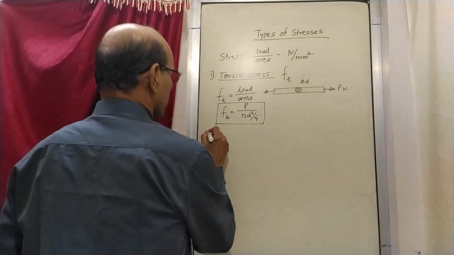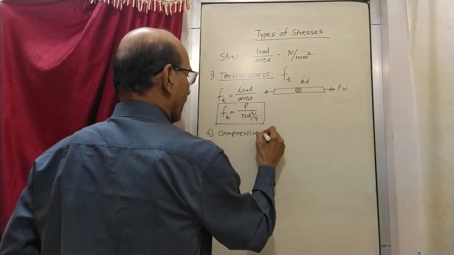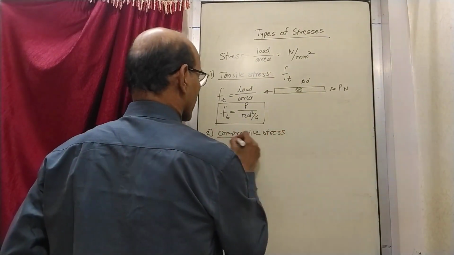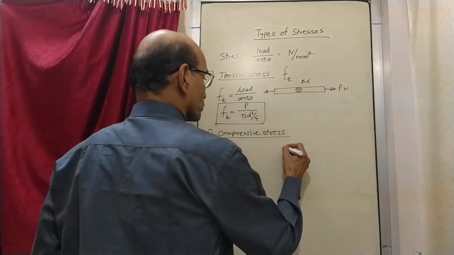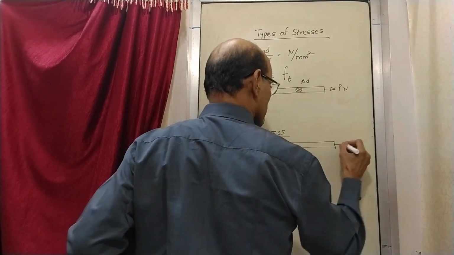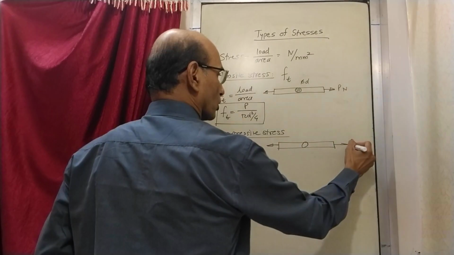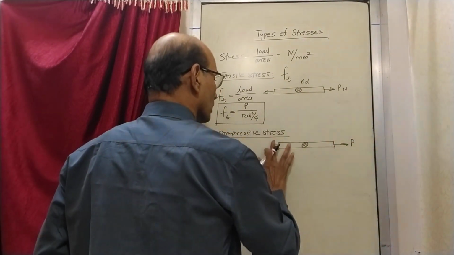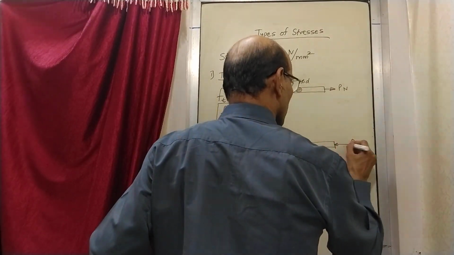The next is compressive stress. Again, for compressive stress, I'll take the same example of a rod. Maybe same rod, same type of force applied, P, cross section also is the same, but the load that is applied this time, although it is the same P, is applied like this.